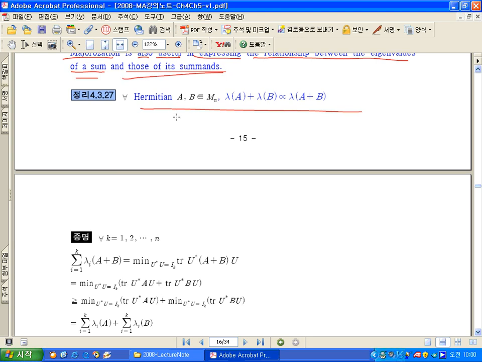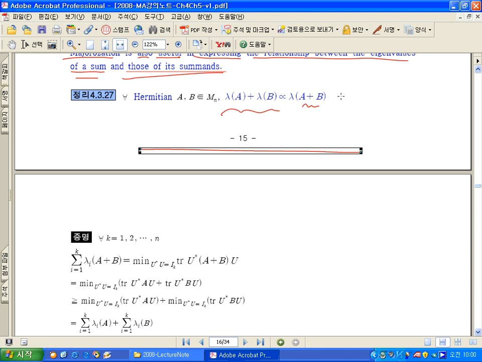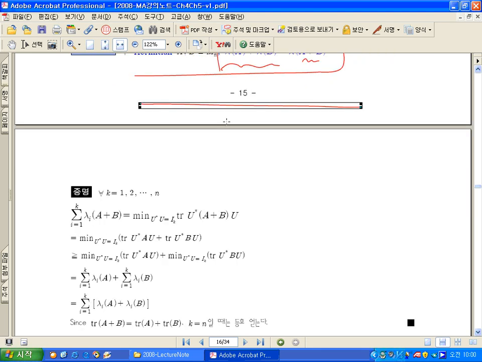For the Hermitian matrices A and B, the addition of eigenvalues of A and eigenvalues of B is majorized by the eigenvalues of A plus B. This is the thing that we can think about, and it was shown.